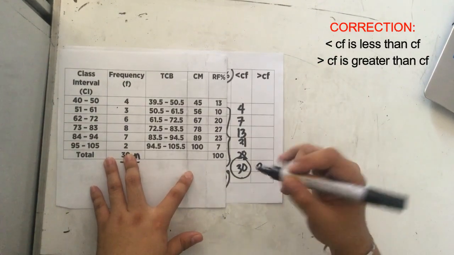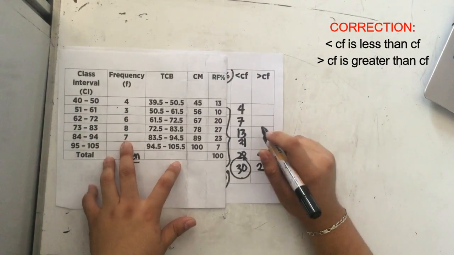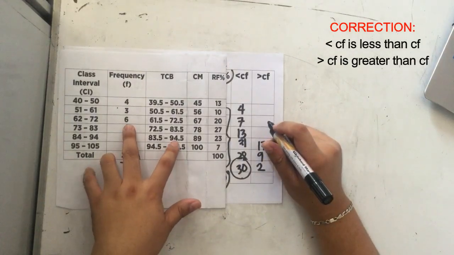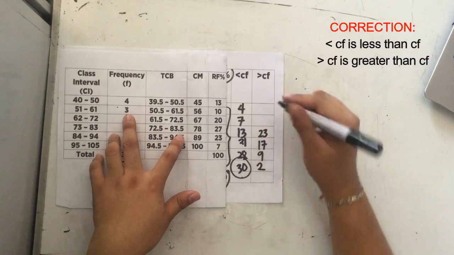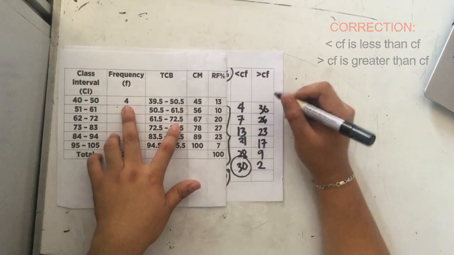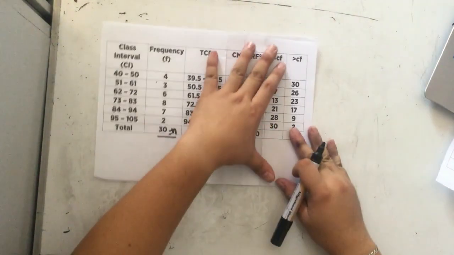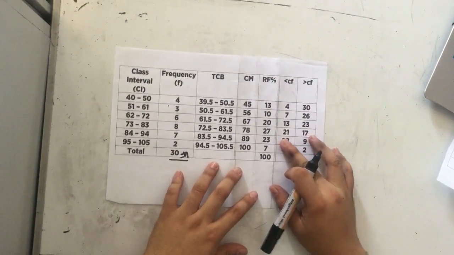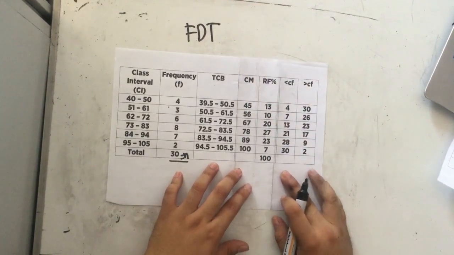Ganun din na process. 2 plus 7, you get 9. 9 plus 8, you get 17. 17 plus 6, you have 23. 23 plus 3, you have 26. And 26 plus 4, you have 30. So, that is our class or frequency distribution table from our example.